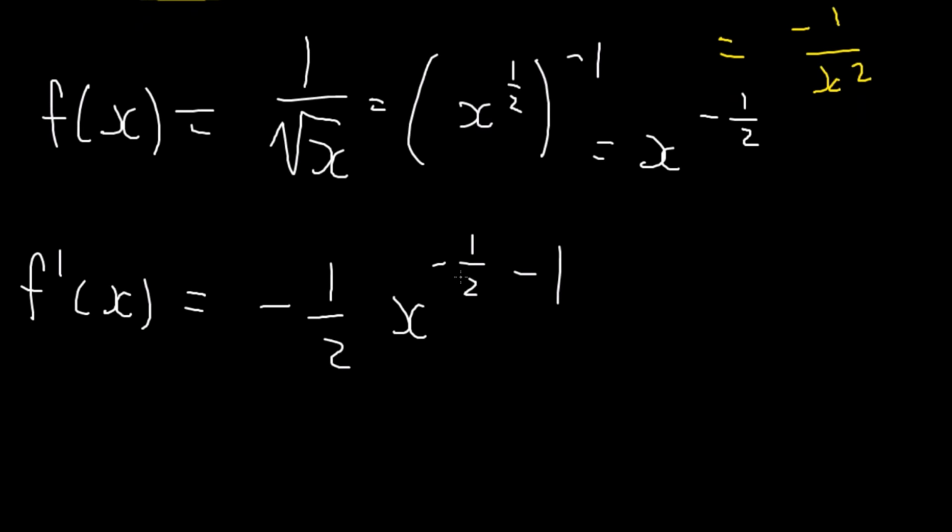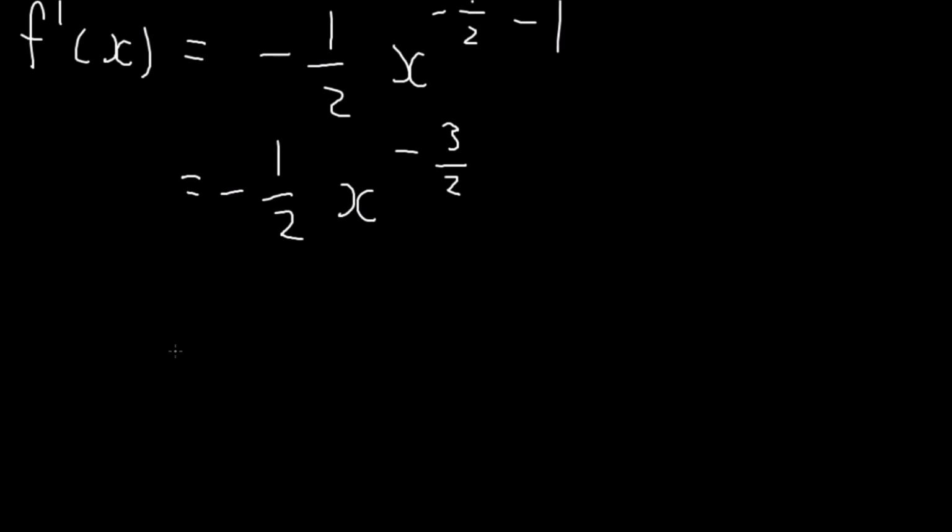Okay, so minus 1/2 minus 1 is minus 1/2 minus 2/2. So minus 1 minus 2 is minus 3. So this is going to equal minus 1/2 x to the minus 3/2.